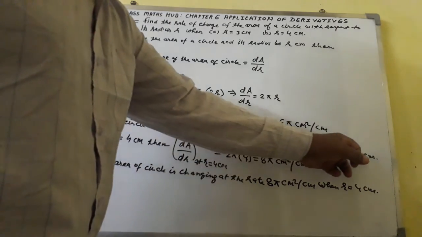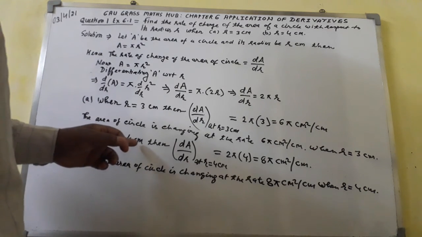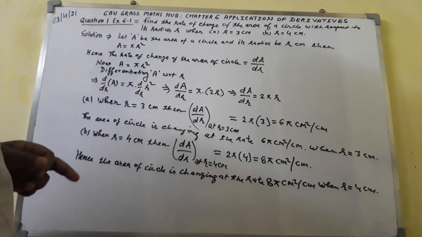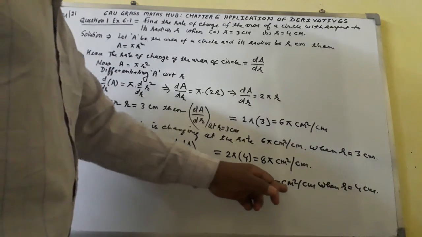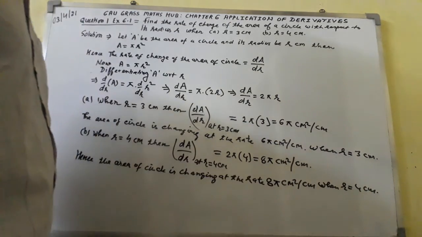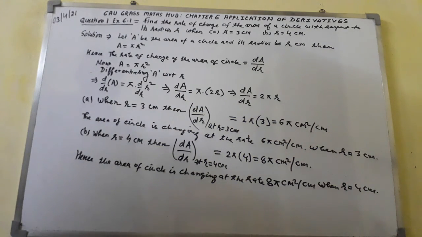When radius equal to 4 centimeter, the area of circle will be changing at the rate 8 pi centimeter square per centimeter. This will be the correct answer of question number 1, exercise 6.1.